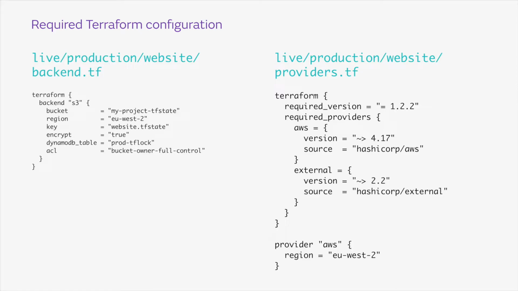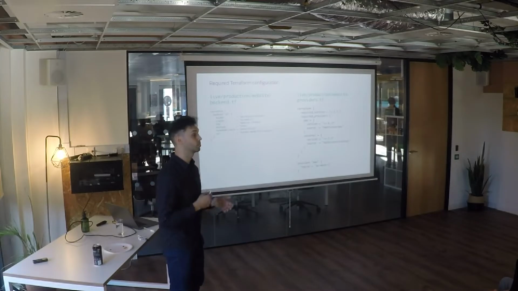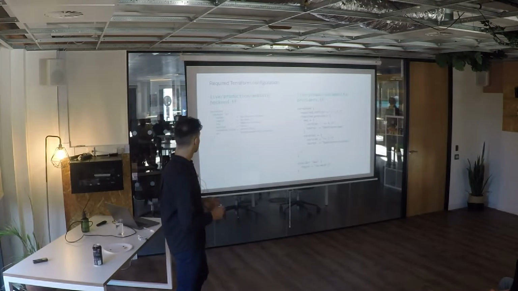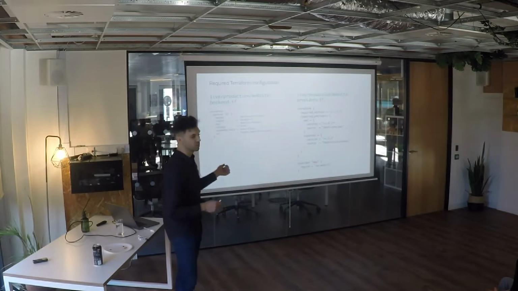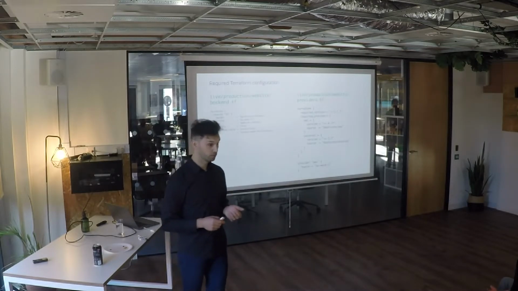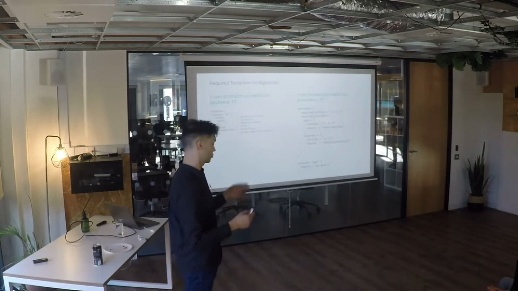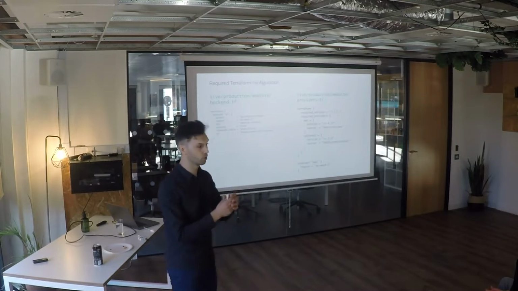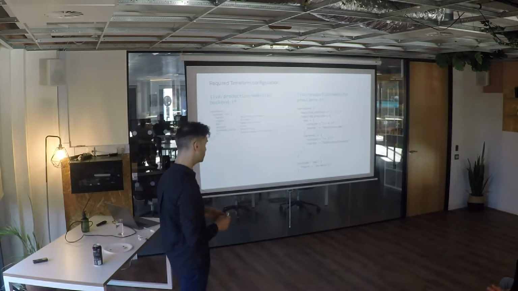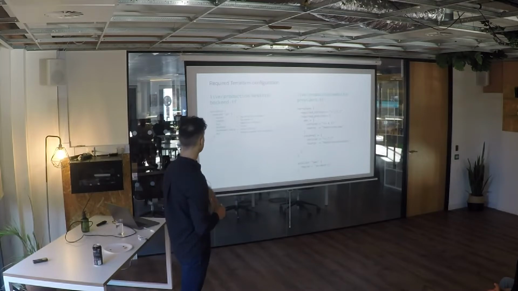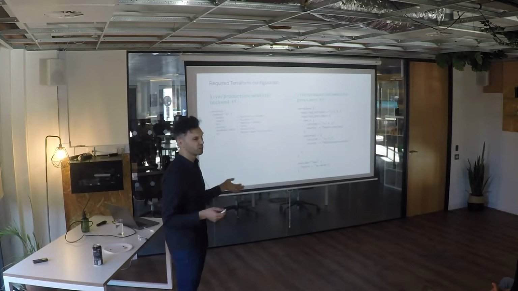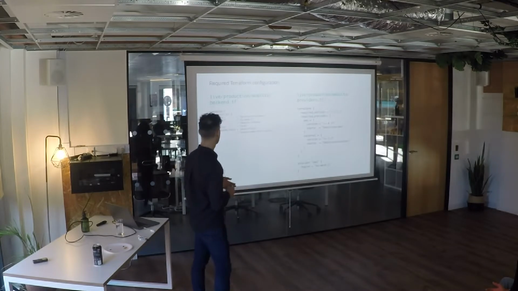Now, Terraform requires me to actually write a bit more configuration. So I also need to define where to find the Terraform state file, which is a file in which Terraform records a collection of all the resources created and all the outputs created, which if you're working in a team, you're probably going to store remotely.